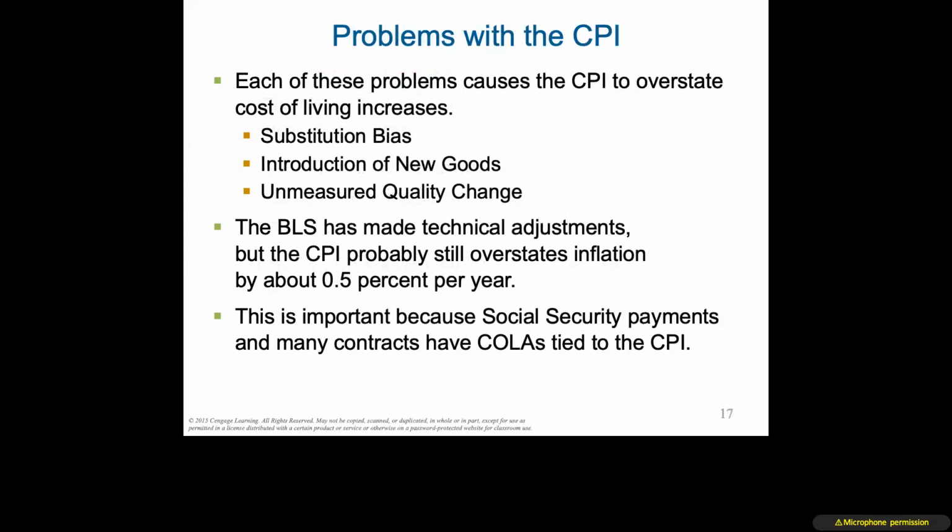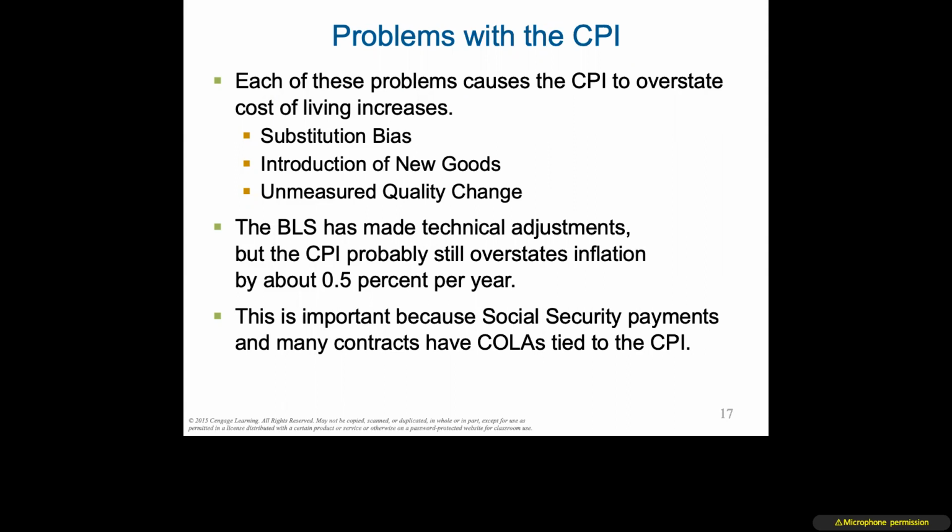So in summary, each of these problems causes the CPI to be overstated. There's substitution bias, and there's the introduction of new goods, so people substitute and you don't know it. If there's a new good, it's not counted. And is the quality better or worse than it was before, thus making the price difference more or less relative?